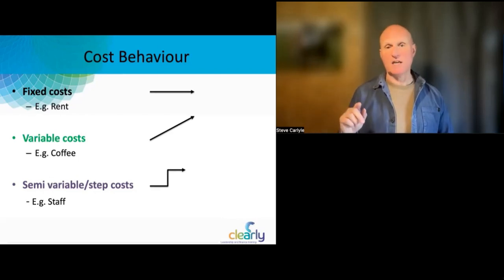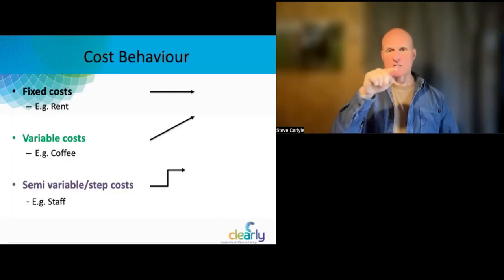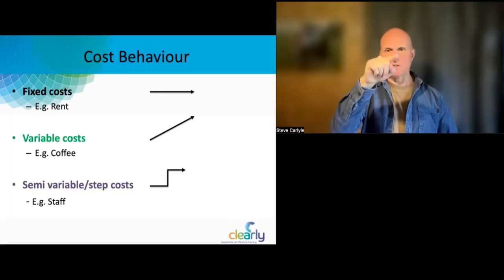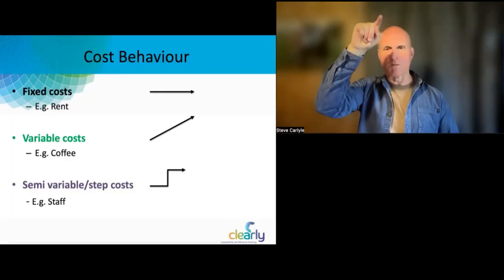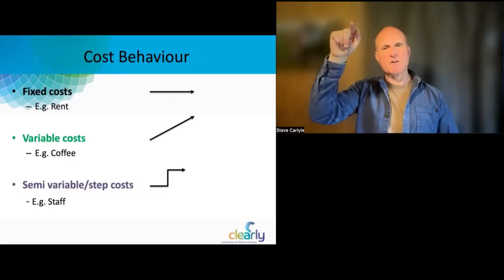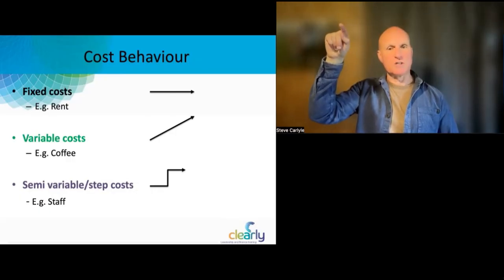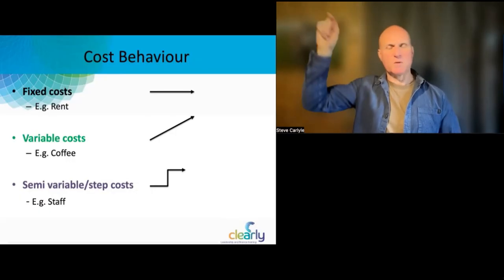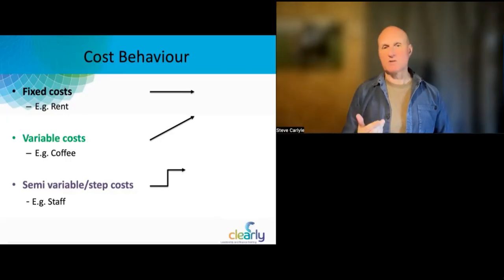It's just too busy for 3 people to cope, and so the staff costs jump up. They go in that step. They're even until you get to 150, and then at 150 they jump up and you need an extra staff member, and everything will be good until you get to 200 customers, and then you need to jump up again. So that's how the stepped costs work.